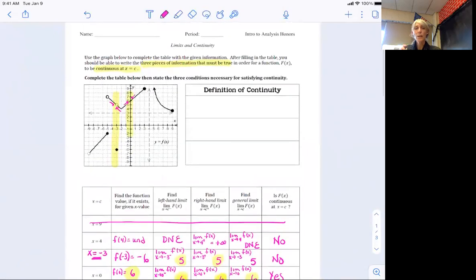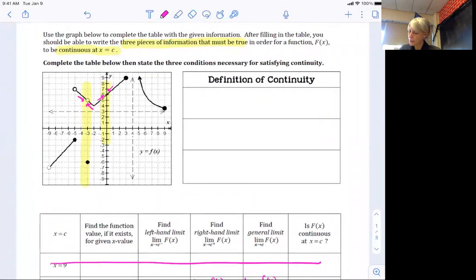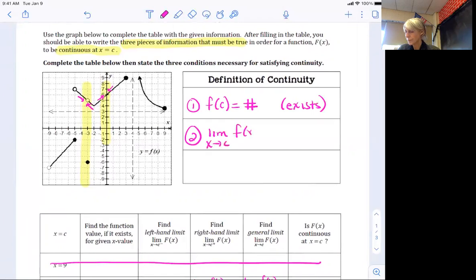So our 3-point conditions are 3 things that have to happen. When I plug in a number, I have to get an answer. When I evaluate a limit, I have to get an answer.